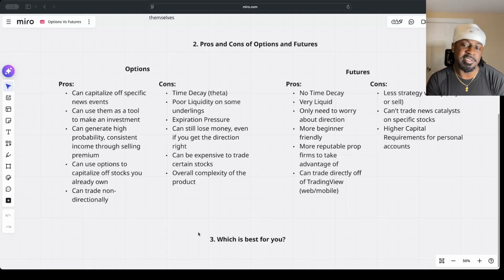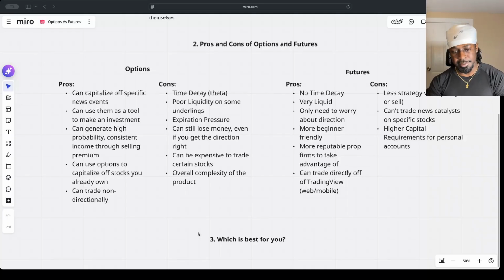Another con, and this was pretty much the main reason why I switched over from options to futures. You can still lose money even if you get the direction right. So I'm a day trader, right? I use the lower time frames to execute my trades. So I'm executing my trades off of like the 10-minute time frame, 5-minute, even the 1 minute sometimes.